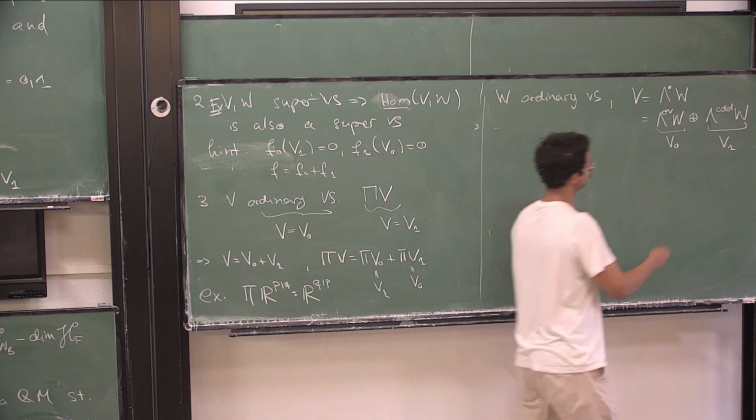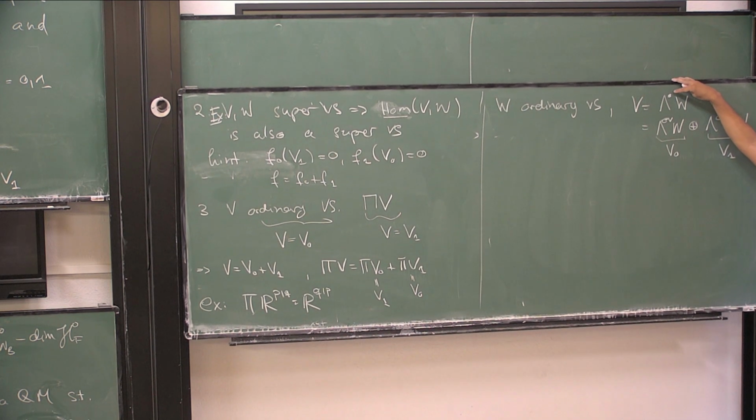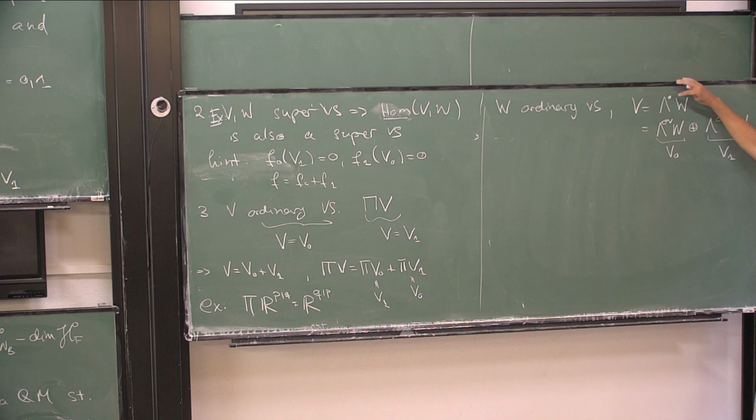And actually, if you think about it, this has a finer grading. This has actually a Z grading, right? So you can do 1, 2, 3, 4, 5 in the exterior power. This is what's called a Z grading, this decomposition. But we are mainly interested in its mod 2 reduction, meaning that we just collect every even and every odd guy.